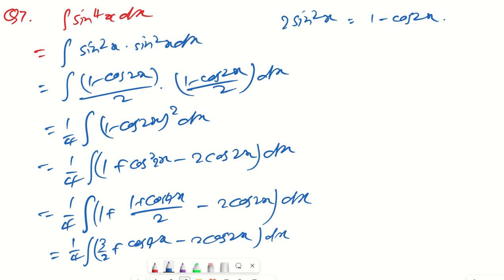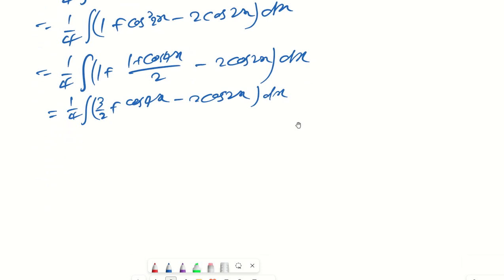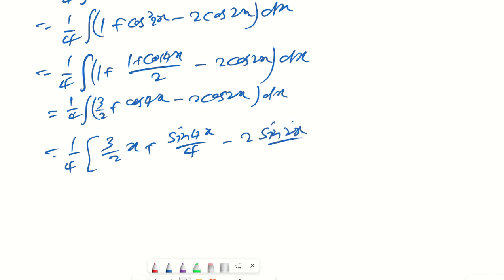And if we want, we can write down the formulas for these, because this is very easy now. 1 by 4 into 3 by 2 x plus cos 4x, it will become sin 4x by 4, minus 2 cos 2x, it will become sin 2x by 2, plus some constant c.